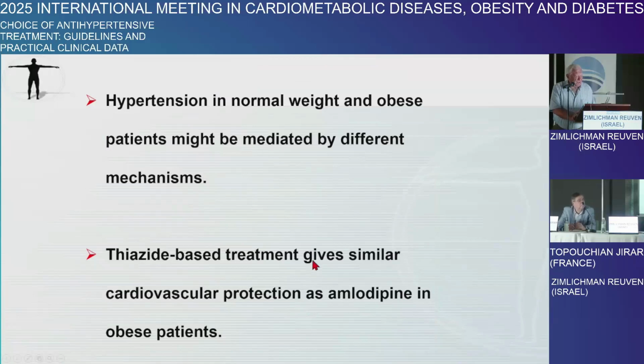Hypertension in normal weight and obese patients might be mediated by different mechanisms. Thiazide-based treatment gives similar cardiovascular protection as amlodipine in obese patients.